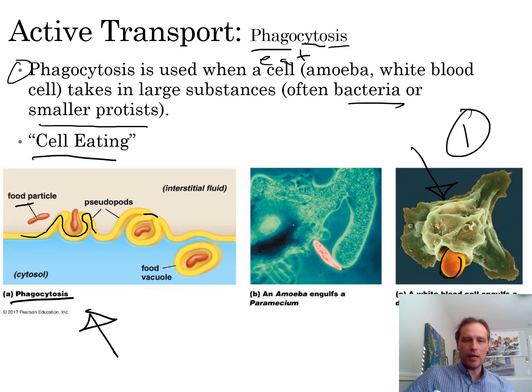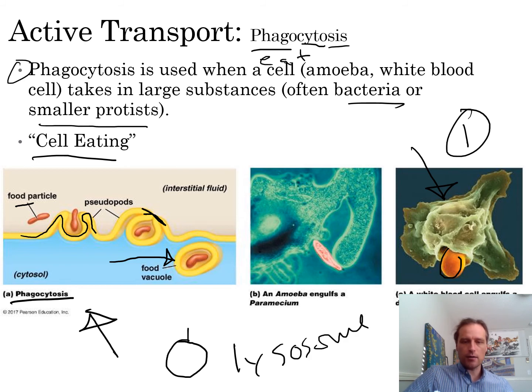Eventually, the cell will pinch off its cell membrane around the food particle. Now, the food particle is inside of the cell, and if it is going to be digested, then it would fuse with a lysosome. Remember, lysosome. And if this lysosome fuses with it, it's going to break down the food in there so the cell can eat it.